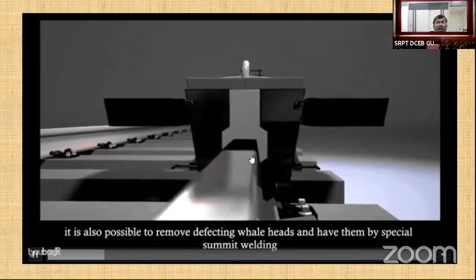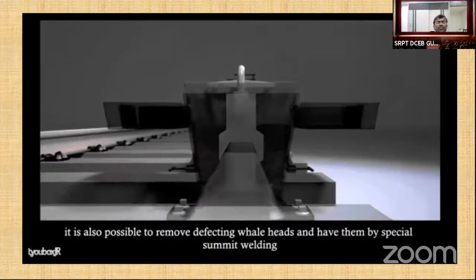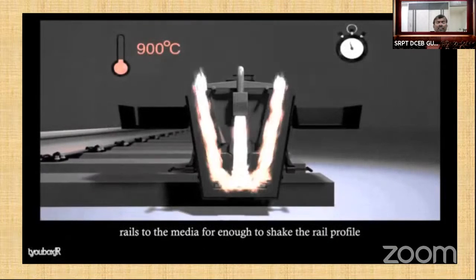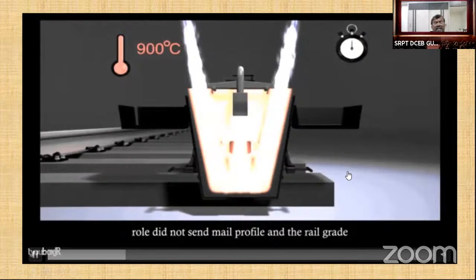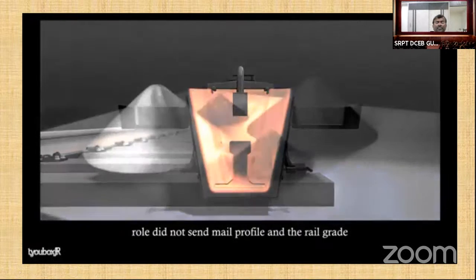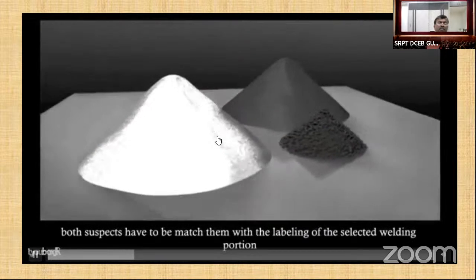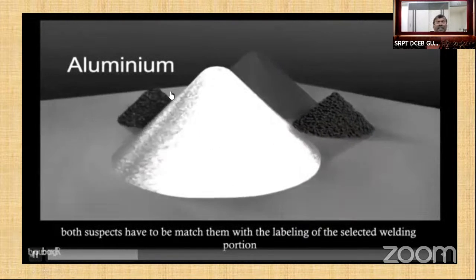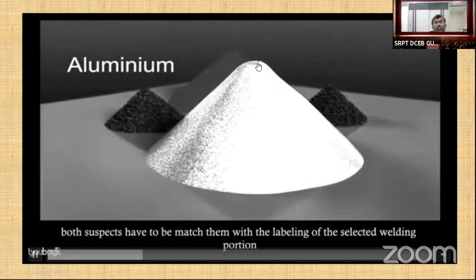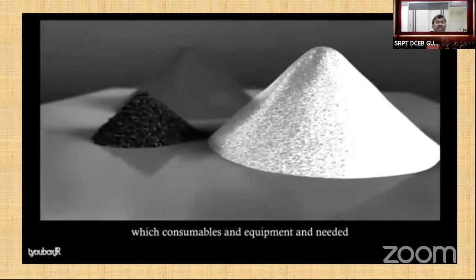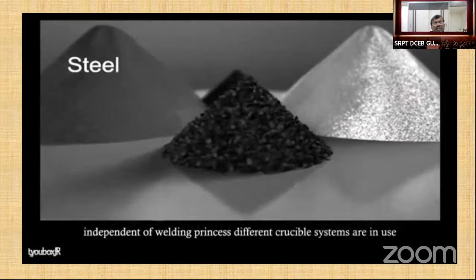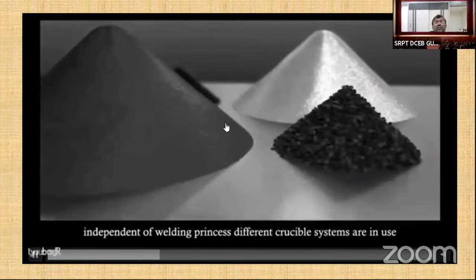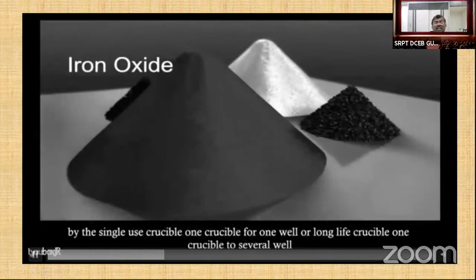It is fitted to the railway tracks, and the thermite mixture is ignited at 900 degrees centigrade. Then the chemical reaction takes place, a displacement reaction. The white one is aluminum, whereas these two are pulverized or powdered magnetite, and some other materials are also used to fasten the reaction.